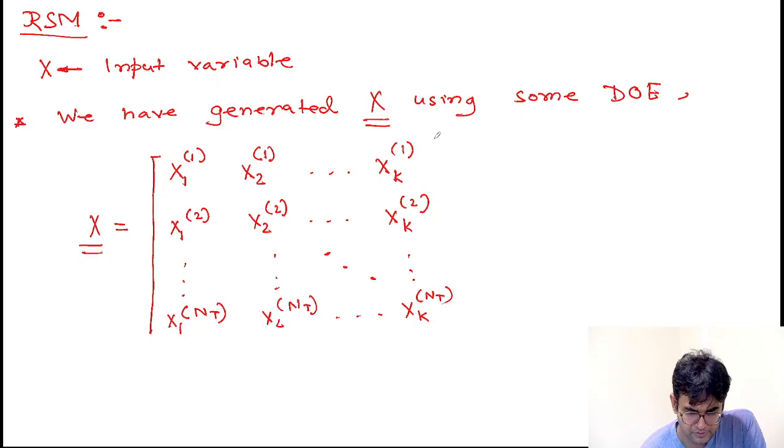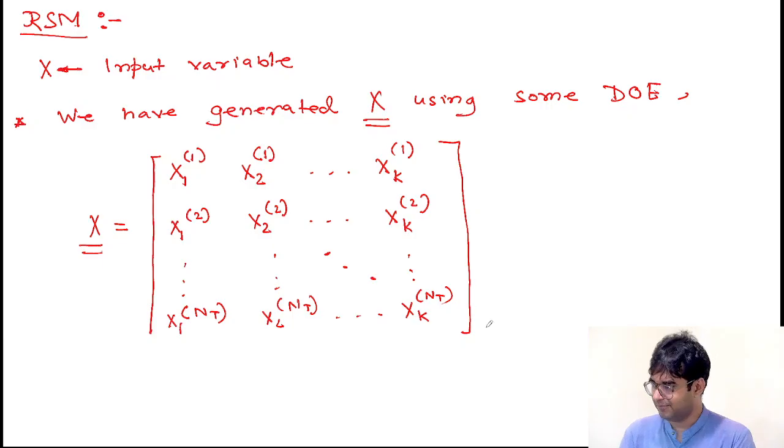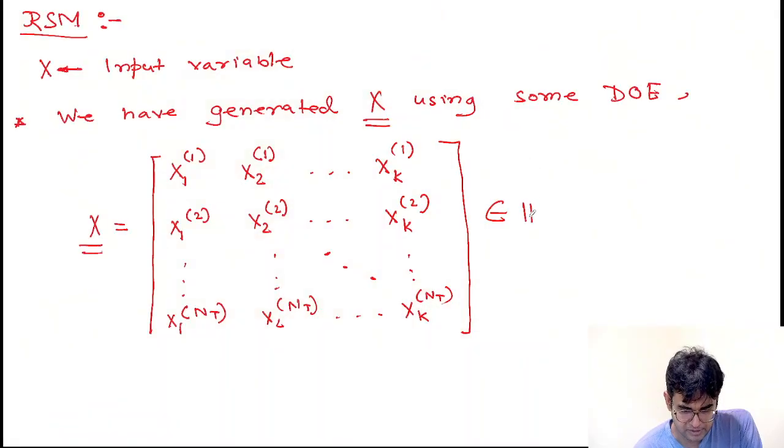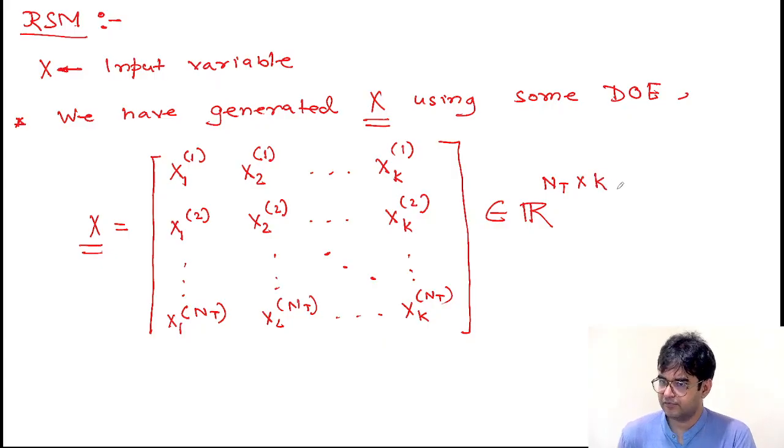This is how your input samples, training samples, will look if I write them in the form of a matrix. And what is the dimension? The dimension is nt rows cross k, right? So this is the sample that I have generated by using some design of experiment scheme.